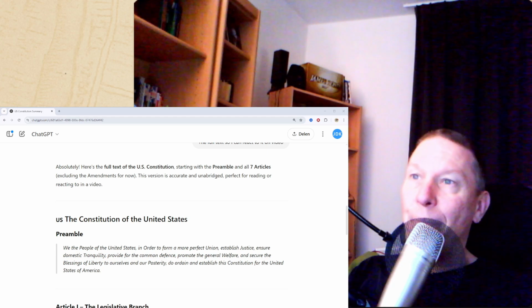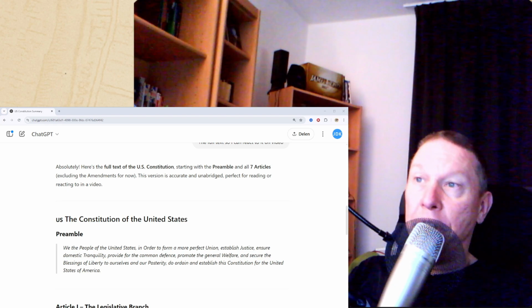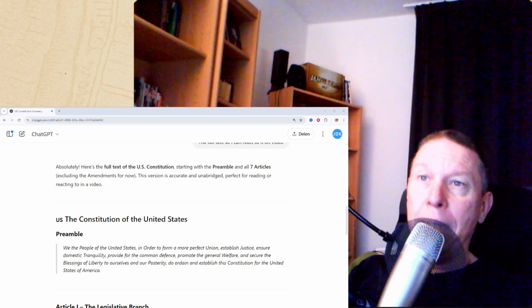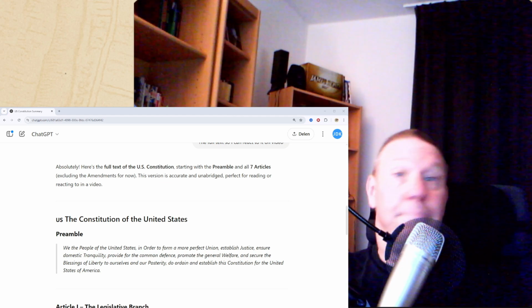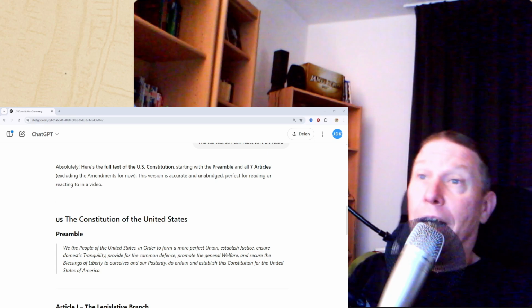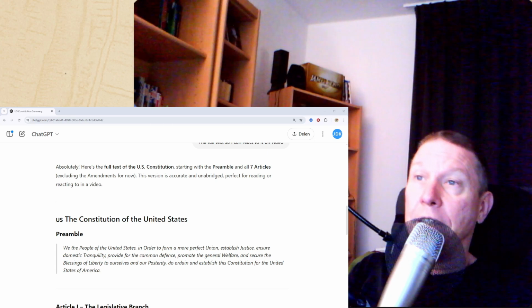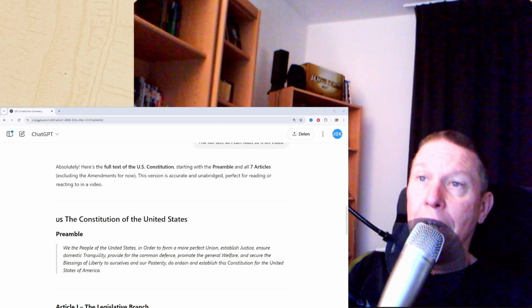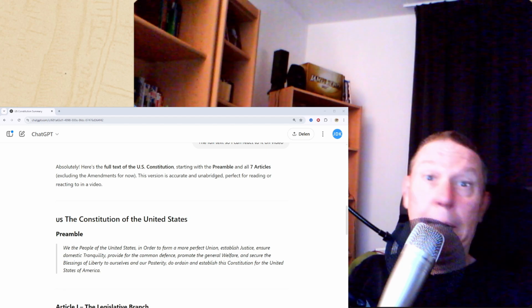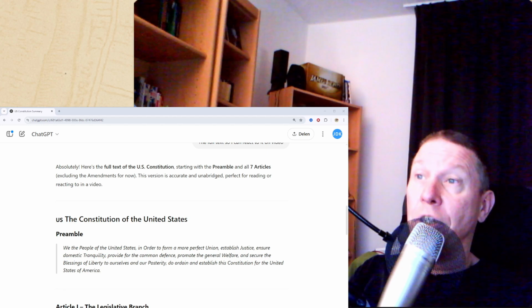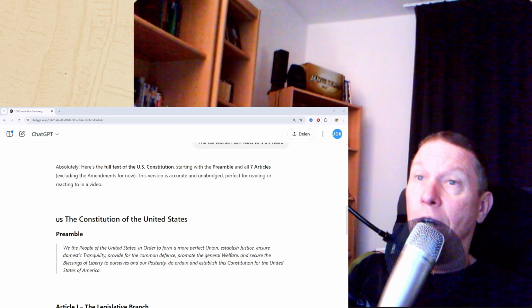But in order to form a more perfect union, establish justice, ensure domestic tranquility, and if my pronunciation is not that good, excuse me, but I'm Dutch. Provide for the common defense, promote the general welfare, and secure the blessings of liberty to ourselves and our posterity, do ordain and establish this Constitution for the United States of America.